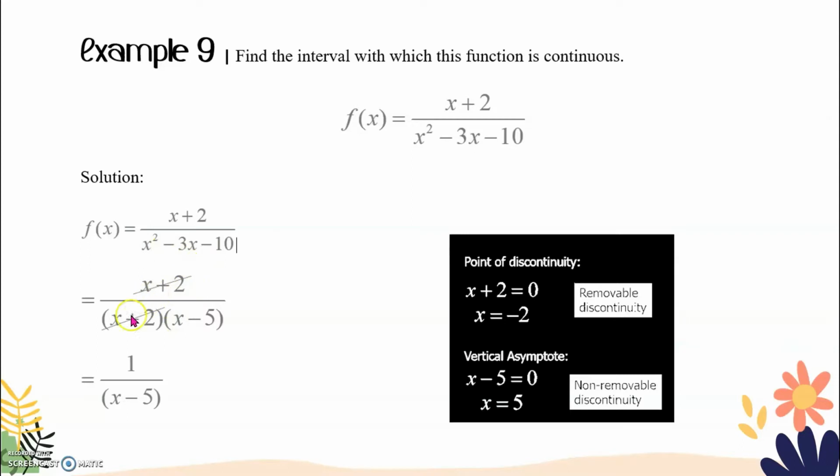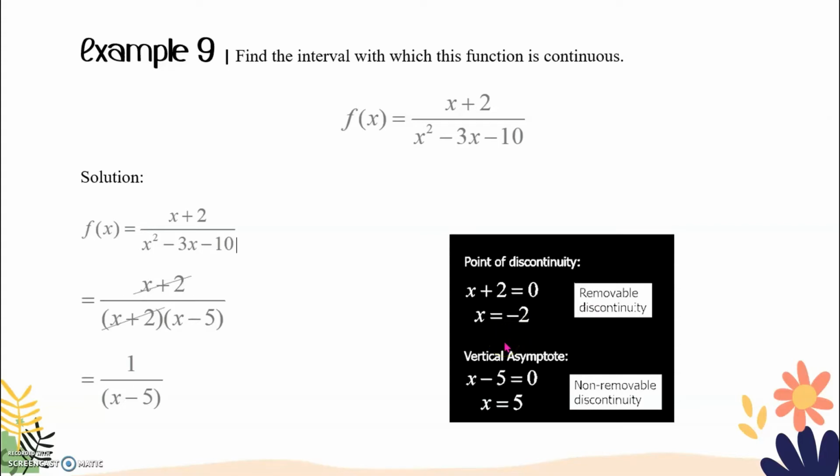Dividing out common factors, we are left with 1 over x minus 5. So to solve for the point of discontinuity, we'll take x plus 2 equals 0. Solving for x, we have x equals negative 2. So that is where our removable discontinuity is. So we know that there is a hole at x equals negative 2 in our graph.